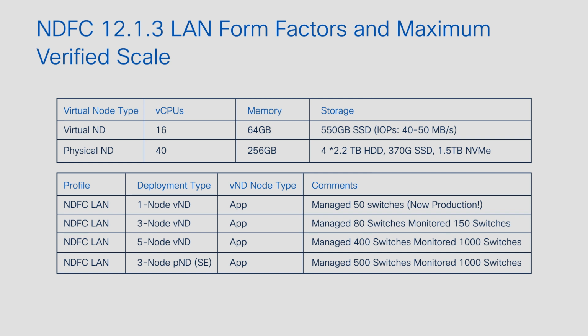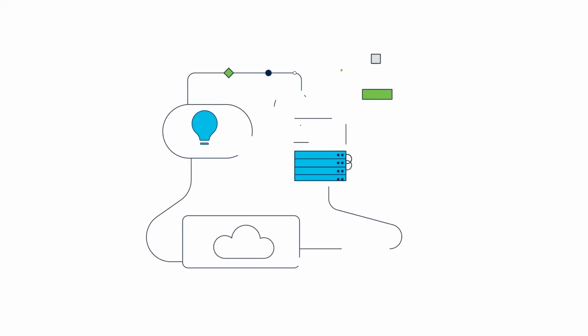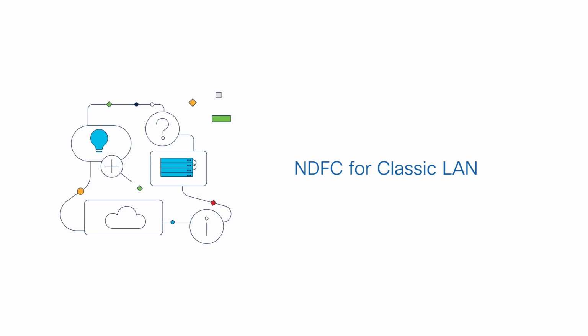And again, the range varies depending on what kind of deployment you have. It can support all the way to 500 managed switches or 1000 monitored switches. I highly recommend looking at the capacity planning tool in order to scale out your Nexus Dashboard clusters. With that, let's jump to the next section, which is NDFC for Classic LAN itself.